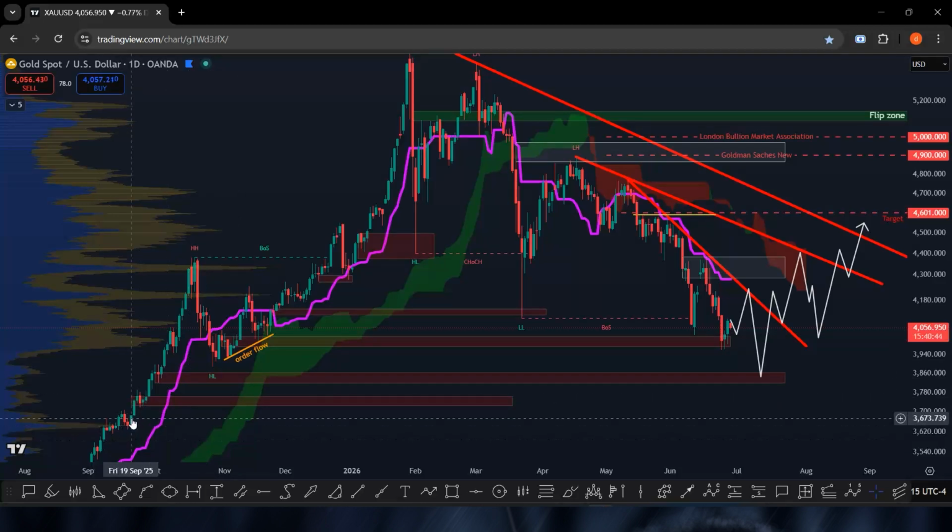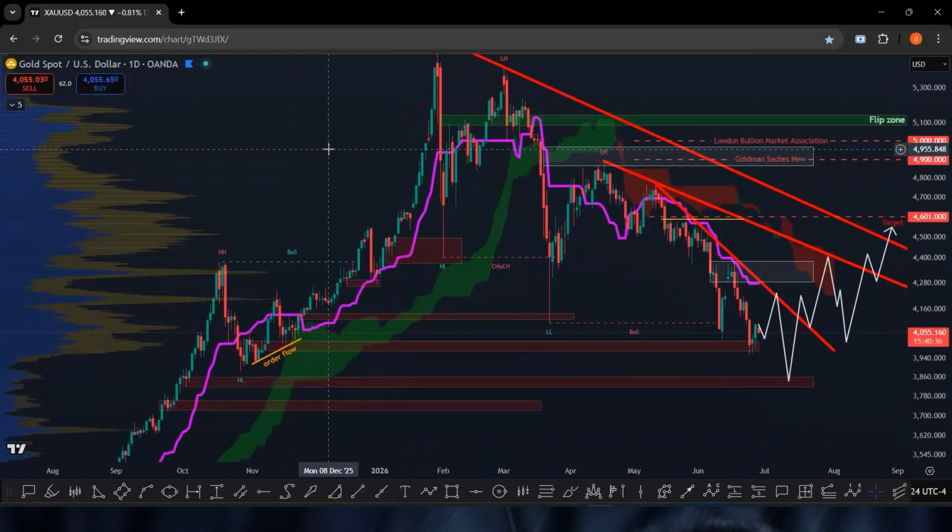So from here in September 2025 until the ATH, we constantly formed several solid liquidity structures to the upside.